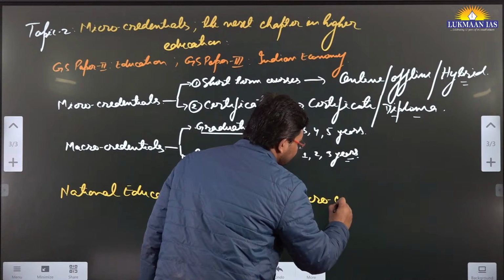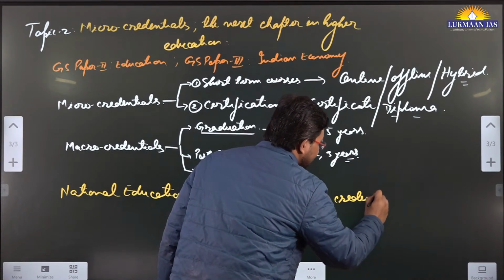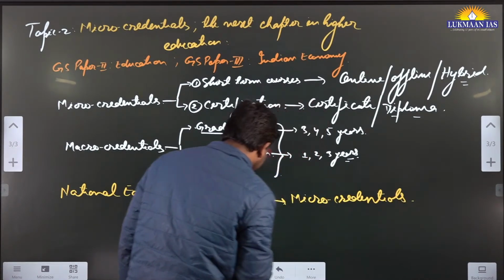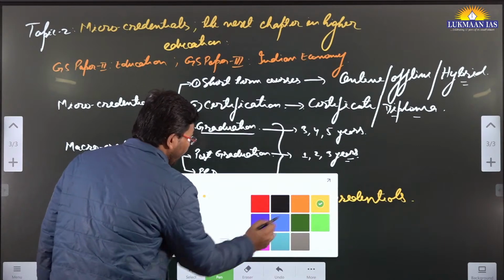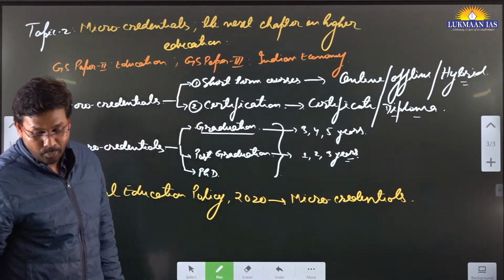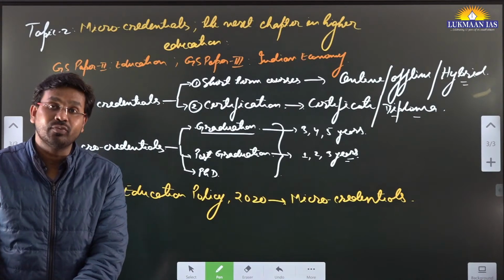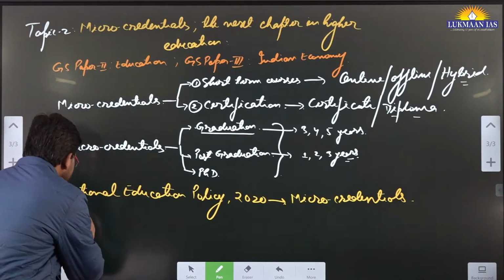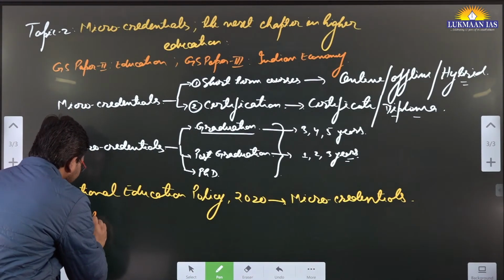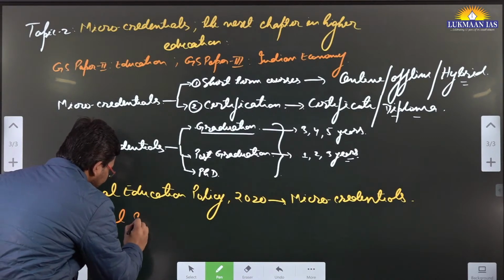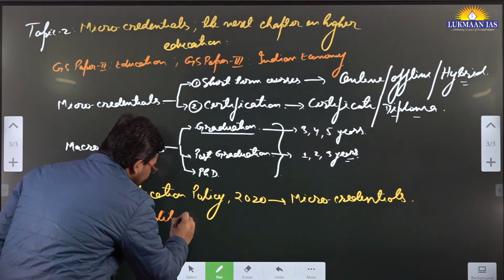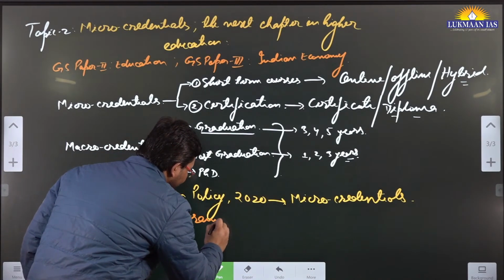They are basically recognizing micro credentials, and they have created a system for recognizing them. What is that system known as? That system is known as the National Credit Framework.